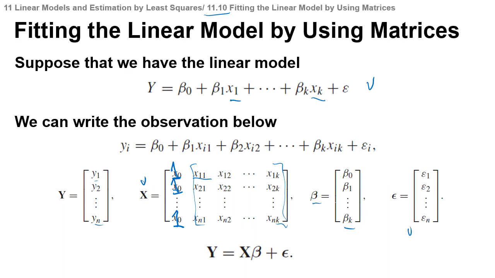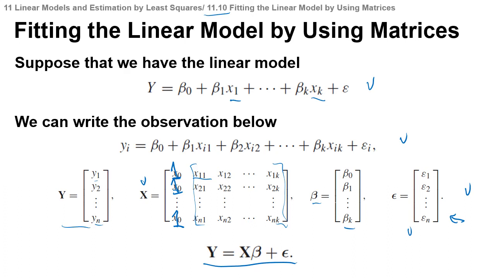So think about this one carefully, and then you will see that the general case of the linear model can be written in this way. And if you write this way, then using the matrix form, the vector y can be represented as X beta plus epsilon.